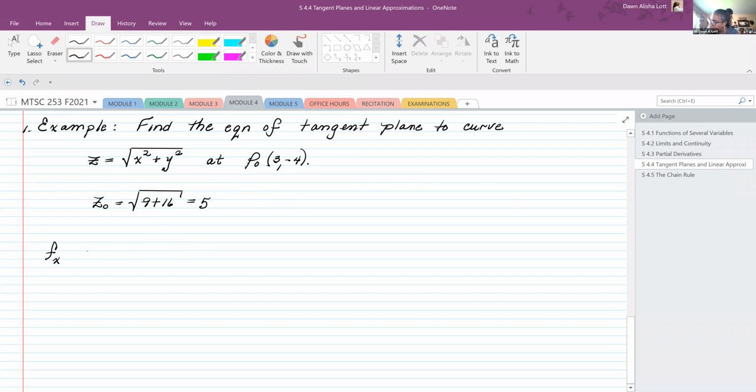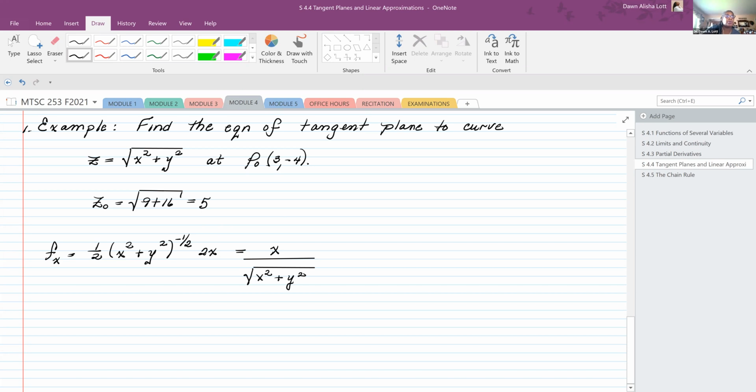We're going to get 1/2 times x squared plus y squared to the negative 1/2 times 2x, and that is x over the square root of x squared plus y squared.